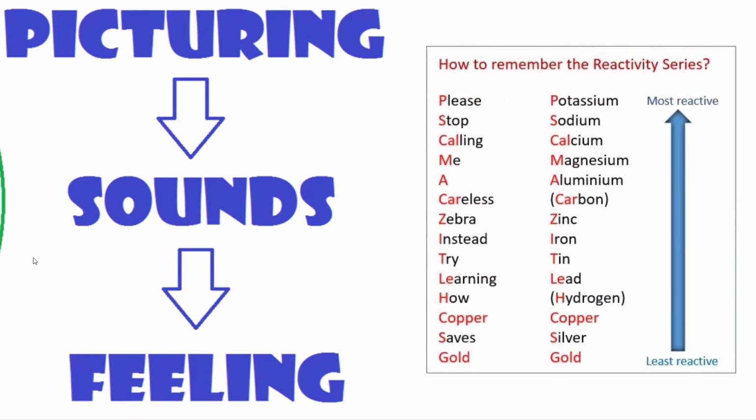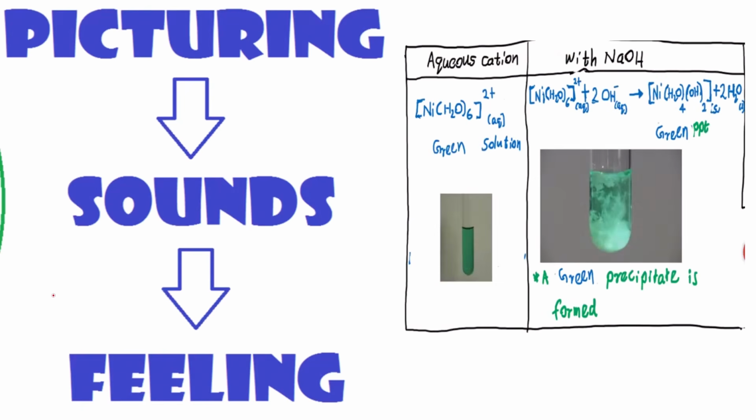Then the last one is feeling. How can you do this feeling part? The best thing is, now when I'm talking about, let's say nickel 2 plus ion with sodium hydroxide forms a precipitate. Remembering these reactions and colors is not an easy task. Instead of that, what you can do is, when you're talking about reaction, go to YouTube, or if you are in school laboratory, you can do this laboratory test and see how really nickel 2 plus ion solution looks like. See how really this nickel hydroxide precipitate looks like.